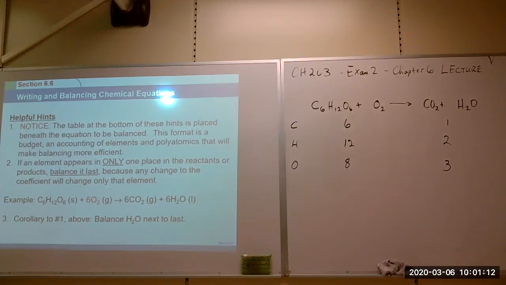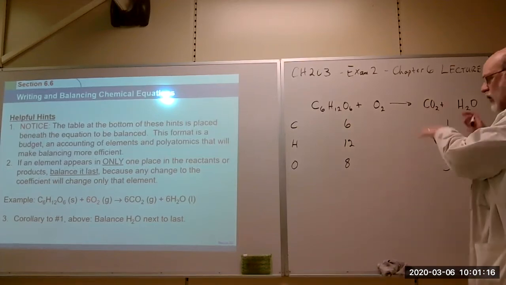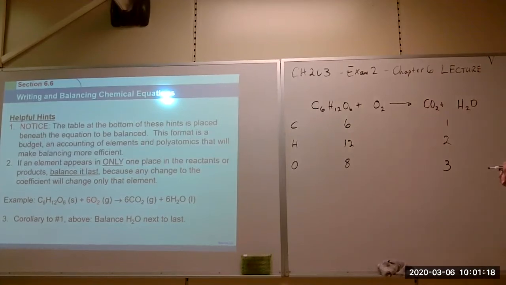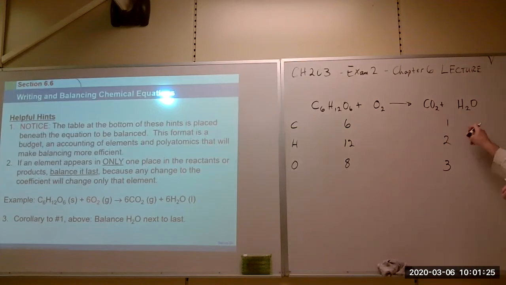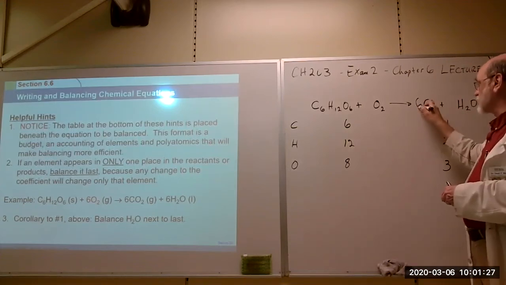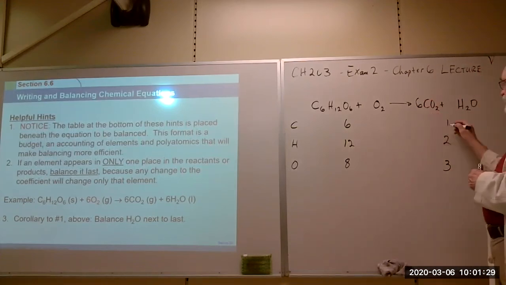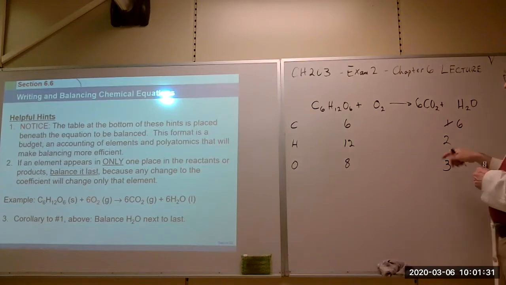It might take you more steps to do it that way than if you have some intuition about where starting would be better. But if we start at the top, we have 6 carbons on this side, we need 6 carbons on that side, right? You do it with coefficients. So that changes the carbons to 6. It also changes the oxygens to 12 plus 1 is 13.